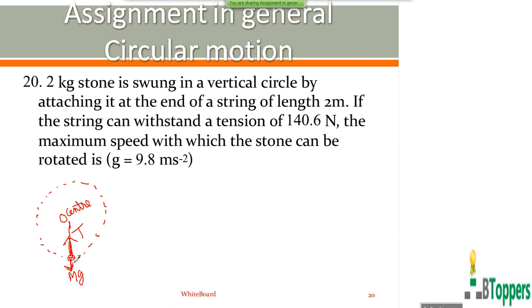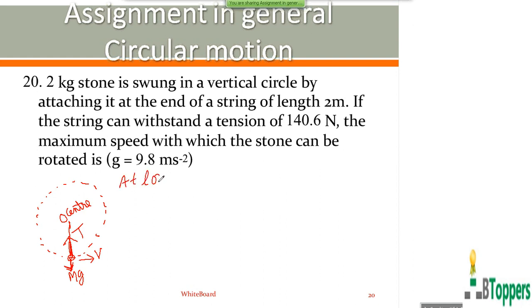The weight mg of the stone acts vertically downwards, away from center of circular path at the instant when the stone reaches the lowest position. The tension force by the string acts along the string and towards center of circular path. So V is the magnitude of velocity at the lowest position.